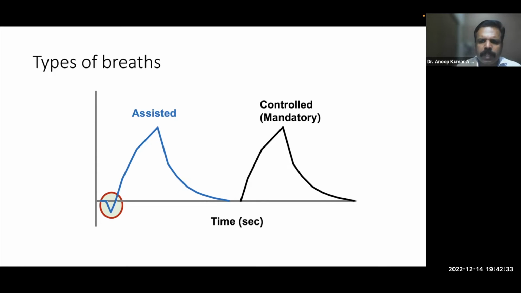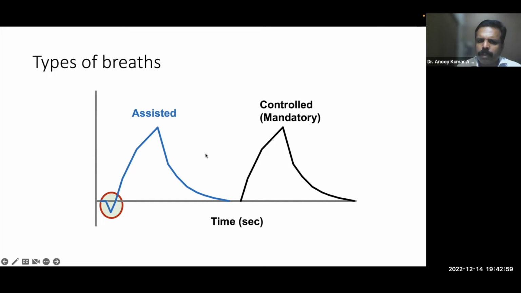How can we make out? We check whether the mode has a trigger sensitivity. If there is a trigger sensitivity associated with that mode, it is an assist control mode. In control mode, there is nothing like triggering, and there is no coordination between the patient effort and the machine-given breath. At fixed time intervals, the machine will deliver the breath. You will find this control mode only in older anesthesia ventilators.